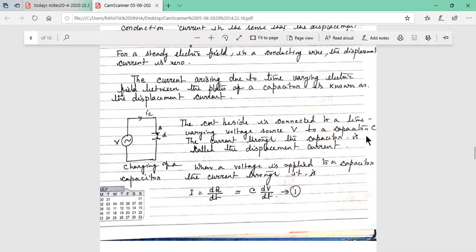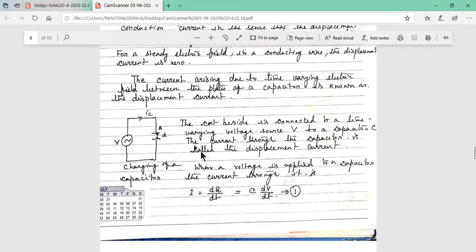The current through the capacitor is called the displacement current. Only the current inside the capacitor, through the capacitor, is the displacement current.